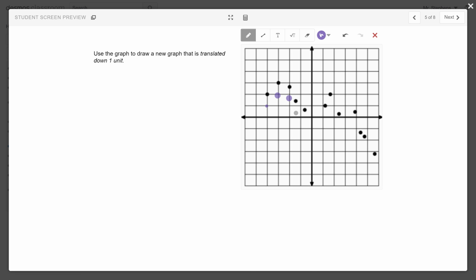You just have to estimate, right? Down 1. Right on the line, slightly over. On the line. There. Look at that, 2 inside the same box. And this last one right below. So there you go, easy enough.